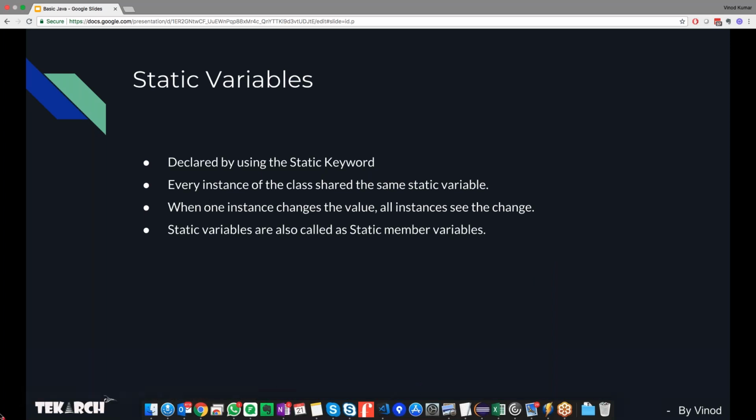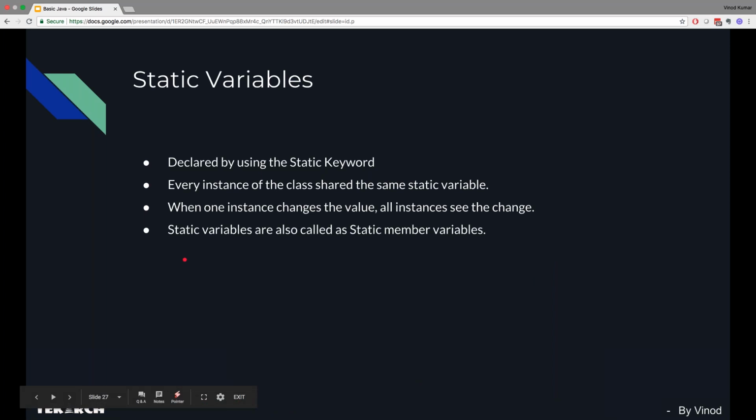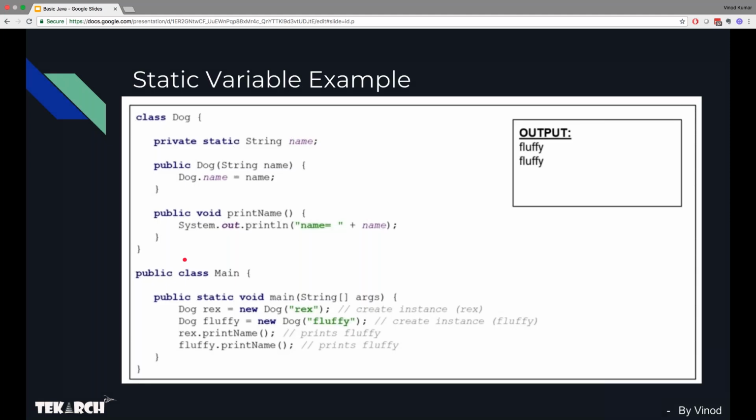The same holds true for variables and methods. That's what I've explained here. Static has its advantages and disadvantages. See this: I have two dogs, one Rex and one Fluffy.